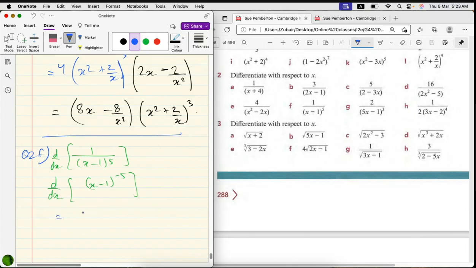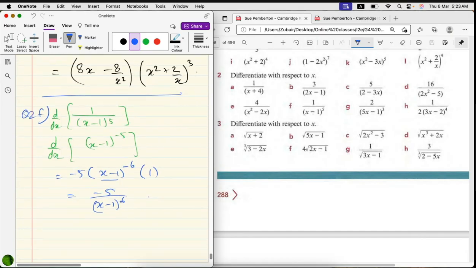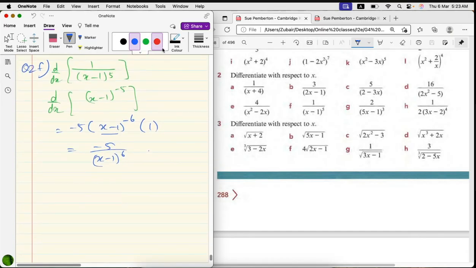Now I'm differentiating. Minus 5 comes out, x minus 1 to one less power, and then the differentiation of what's inside. So I'm left with minus 5 over (x minus 1) to the power 6. The main theme stays the same. We just rearrange it according to our need and then differentiate.